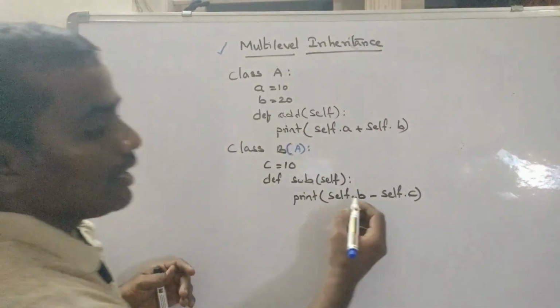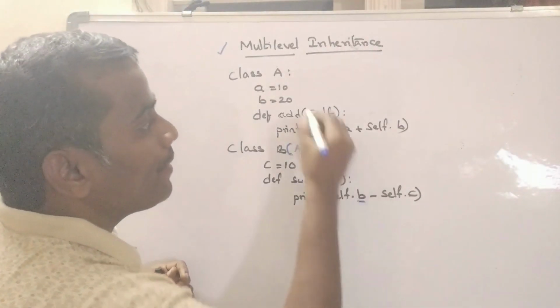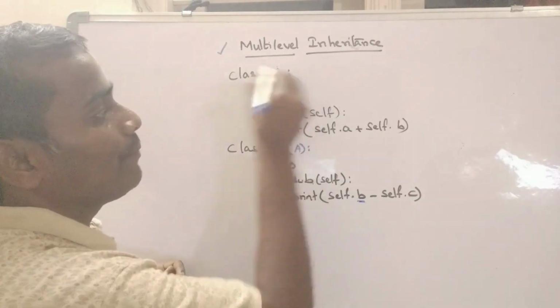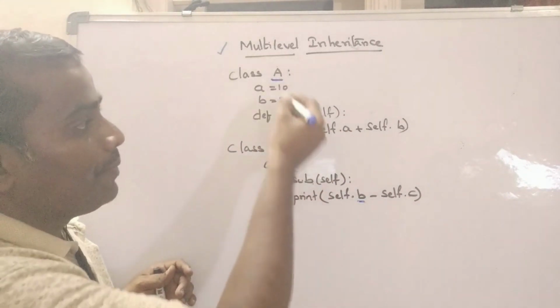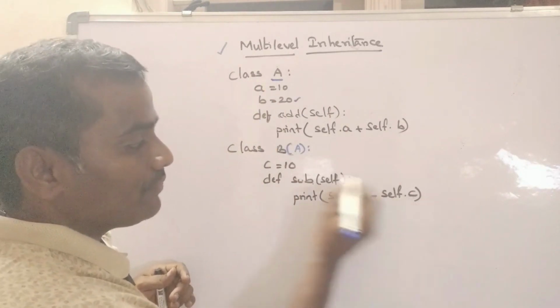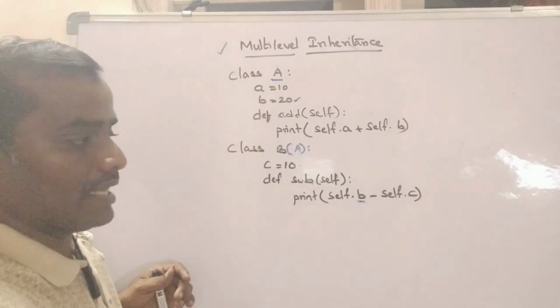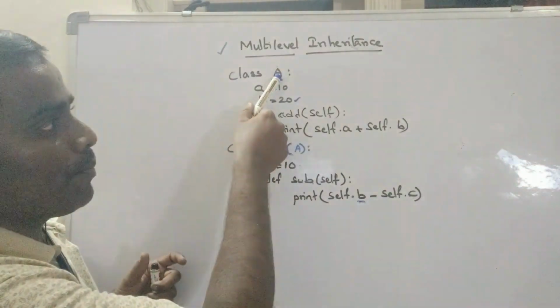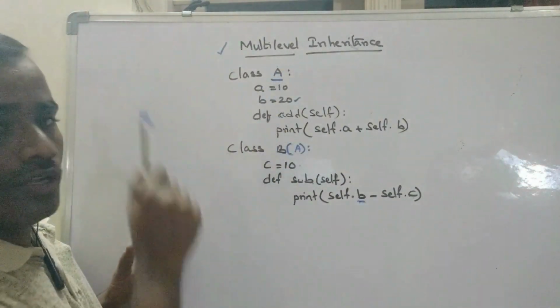Here you can see b is a member variable of the parent class A that is inherited into class B, and self.c is a member variable of the same class. We are inheriting the properties of the parent class into the child class.